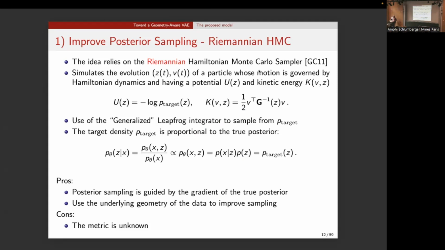How do we improve the ELBO itself? To improve it, we need the distribution that approximates the conditional distribution to be as close as possible to the conditional distribution. So how do we do that?